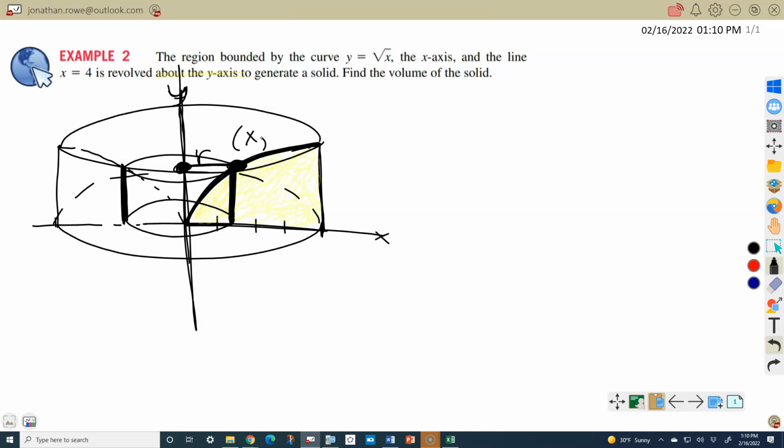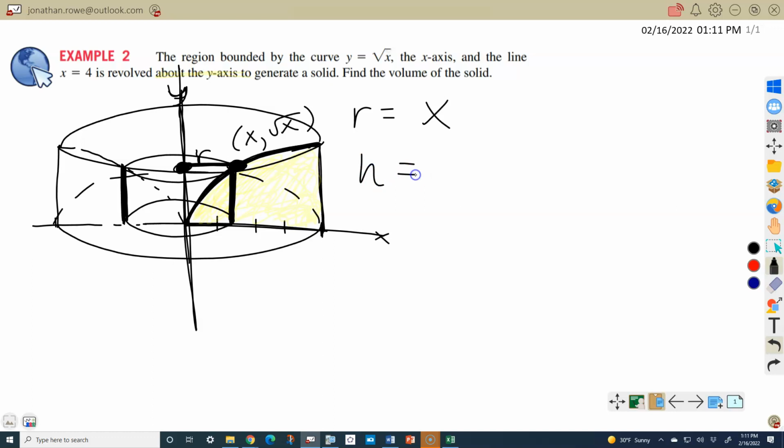And the y-coordinate is the square root of x. So this point is the point x, square root of x, because that's what y is on this curve. And what is the x-coordinate of this? It's just 0. So it's x minus 0, so it's just x. So the radius in this case is just x.